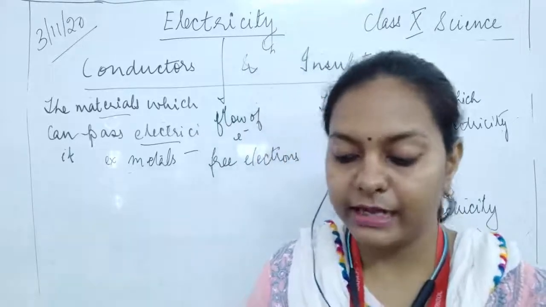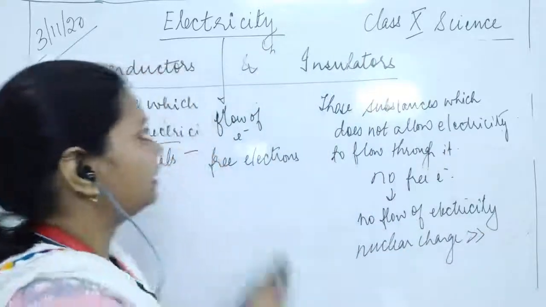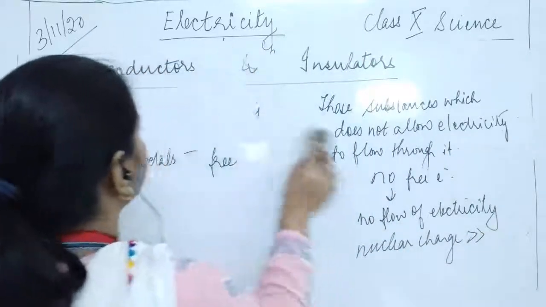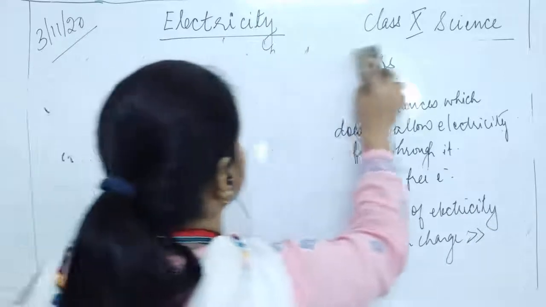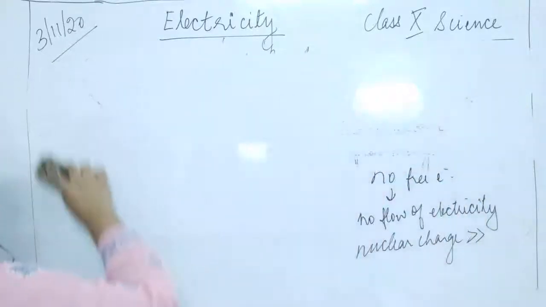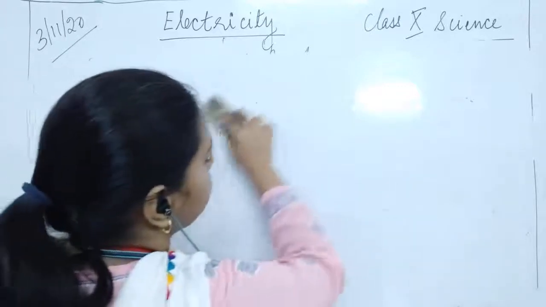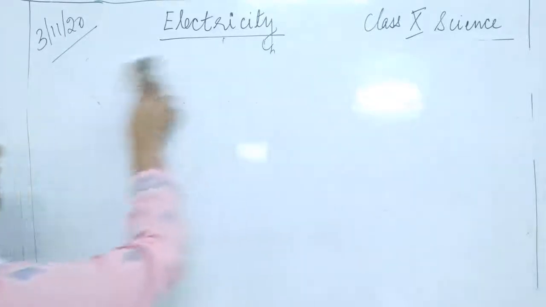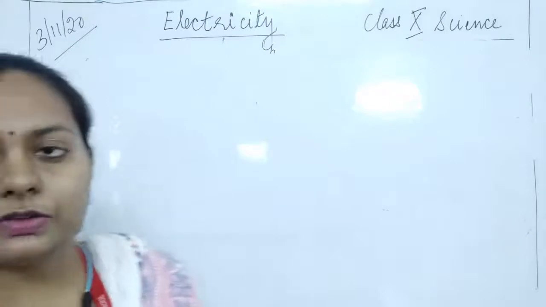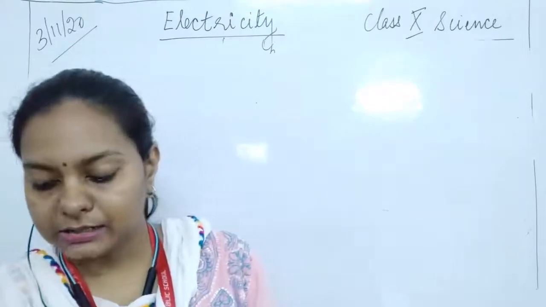इलेक्ट्रिसिटी कैन बी डिफाइंड बाय टू टाइप्स. So we have studied the types of substances based upon the conduction of electricity, whether they are going to help in the flow of electrons or not. So there are two types, that is conductors and insulators.